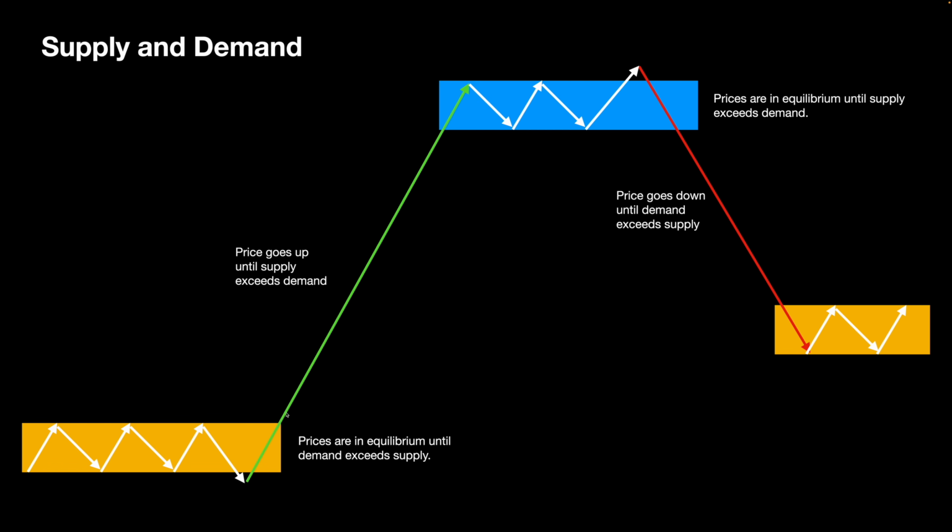Now you have high demand for these shares, so people start buying up shares at the ask. The ask continues to go higher and higher as sellers are willing to sell at higher prices, and price goes up until supply exceeds demand again. So people keep buying. This is the markup phase.